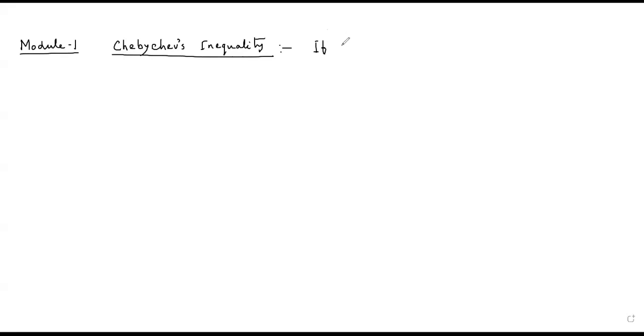If capital X is a random variable, discrete or continuous, whatever it is, next time when we'll be doing problems of Chebychev's inequality for continuous case, I shall not be writing this part because this inequality I am defining today only. Next time the inequality will not be defined. You have to keep this in mind.